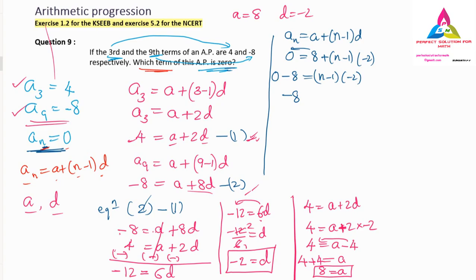When we shift minus 2, it will not become plus 2, because in between you have multiplication, so it will divide. Minus minus will cancel, 2 1s are 2, 2 4s are 8. So 4 is equal to n minus 1. The last step is easy: that minus 1 you have to shift, and it will become plus. So 4 plus 1 is obviously 5, that is the n value.